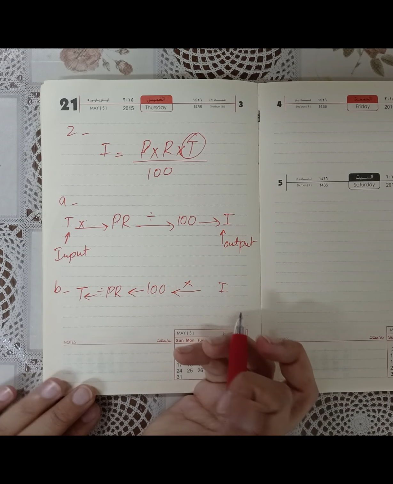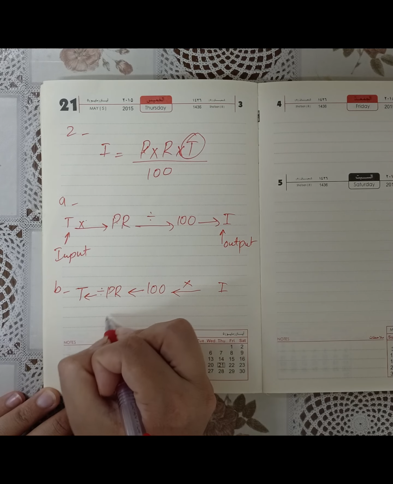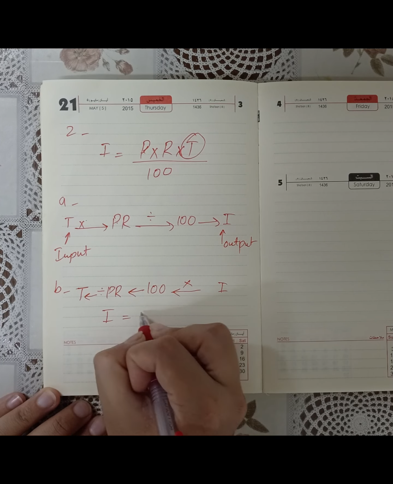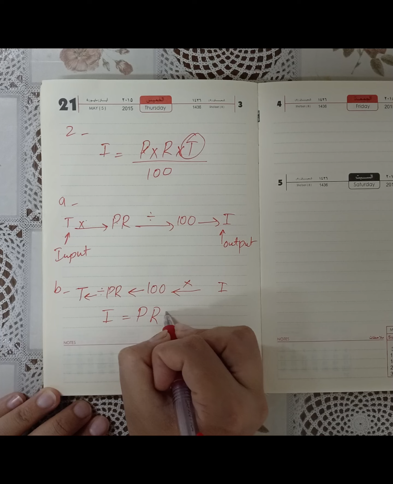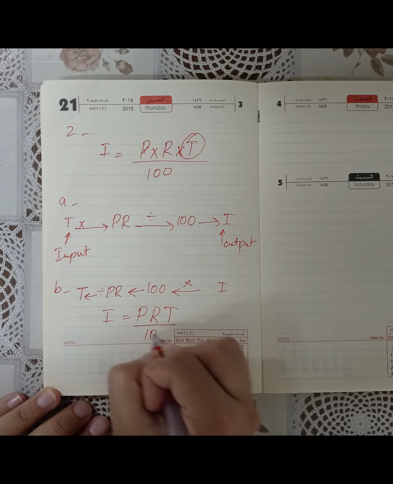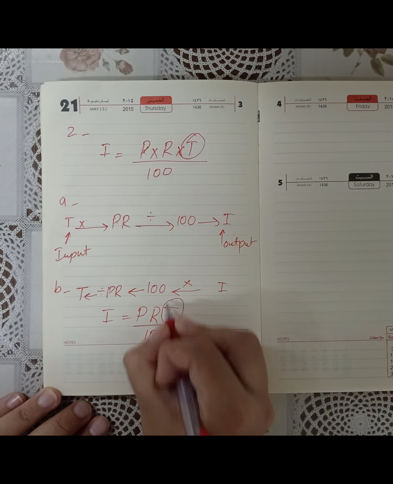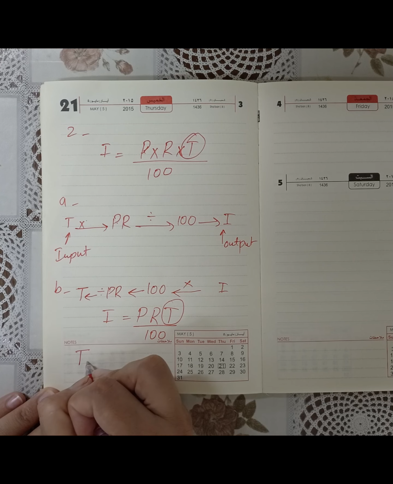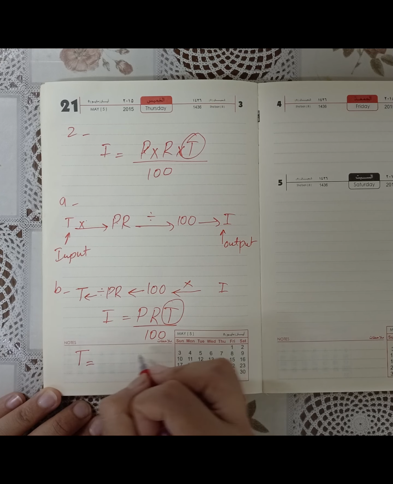I will rearrange this formula. Like if it was I equals PR T divided by 100, then what will be the t? T will be 100.